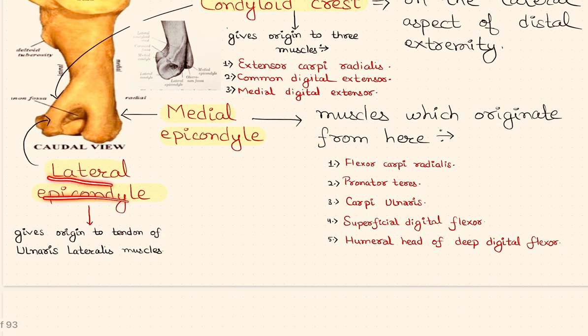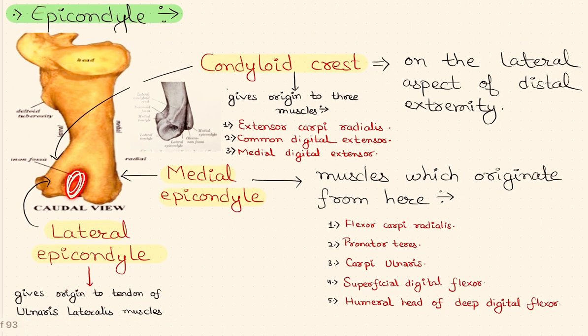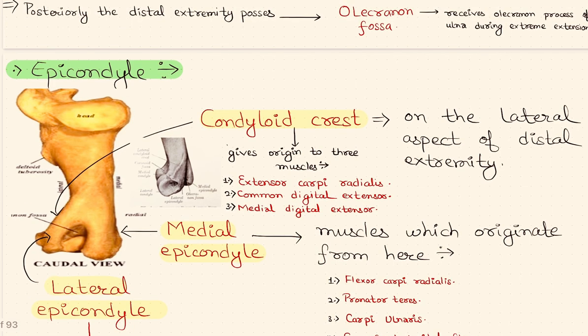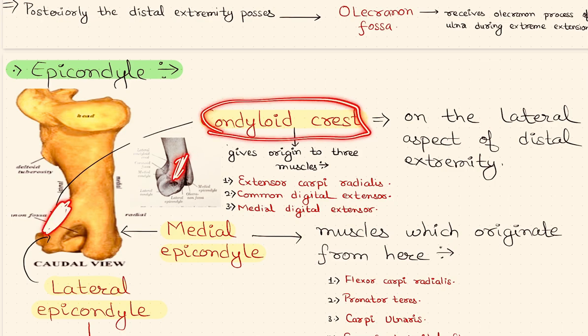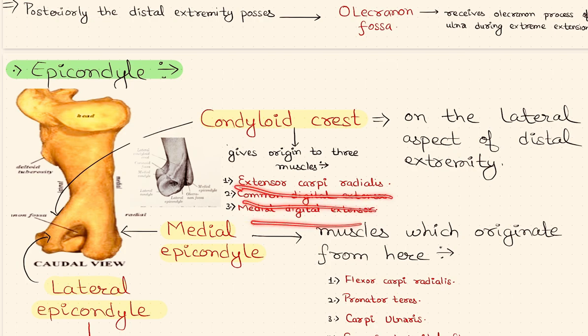And this lateral epicondyle gives origin to which muscle's tendon? Ulnaris lateralis. Okay. And in the olecranon fossa there is a muscle, anconeus muscle, which you have learned. And lateral to this lateral epicondyle there is a crest known as the supracondylar crest. As you can see in this diagram also, this is the crest, and 3 muscles originate here: extensor carpi radialis, common digital extensor, and medial digital extensor.